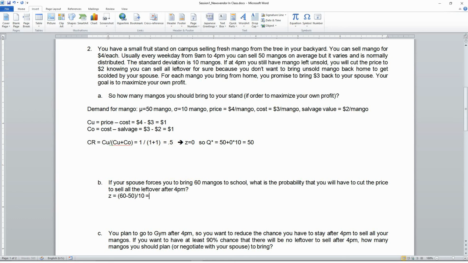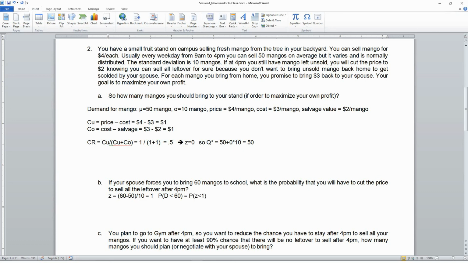So that's going to give us a value of 1, 10 divided by 10. And so we want to look at the probability that the demand is less than 60. That's the same thing as the probability that z is less than 1.